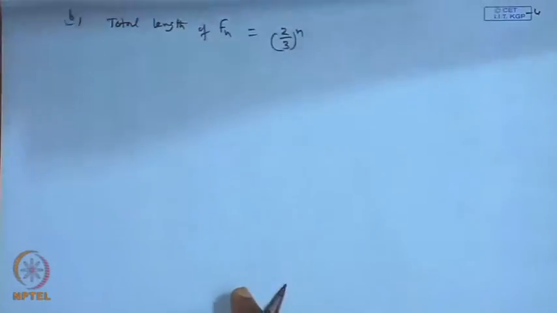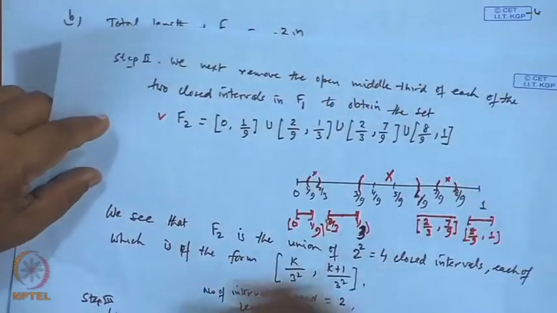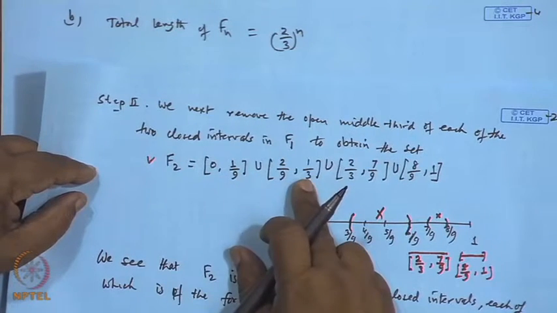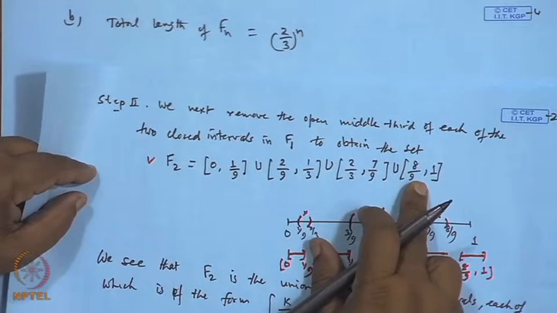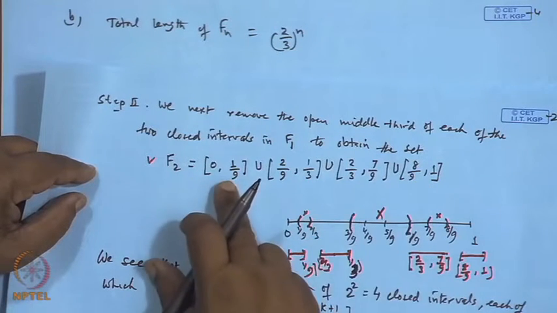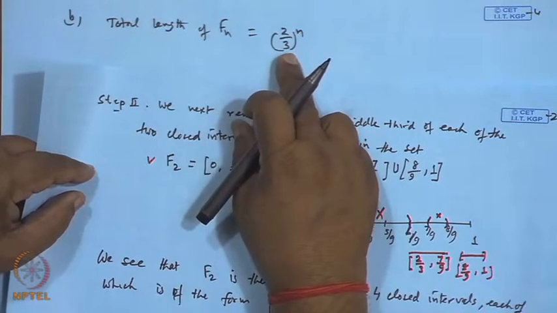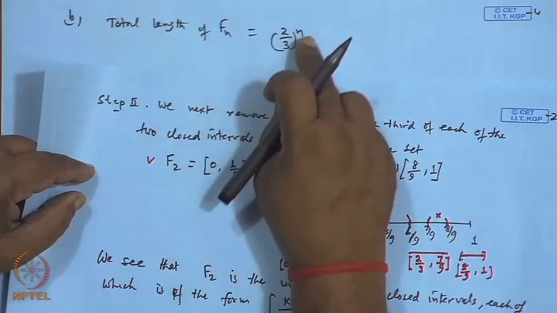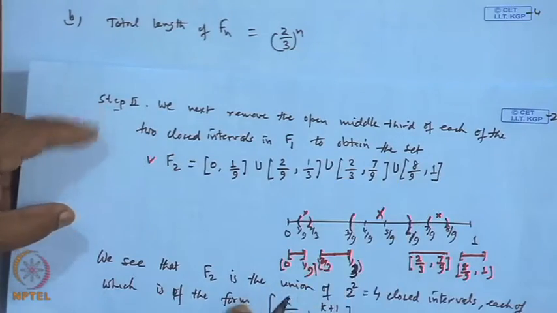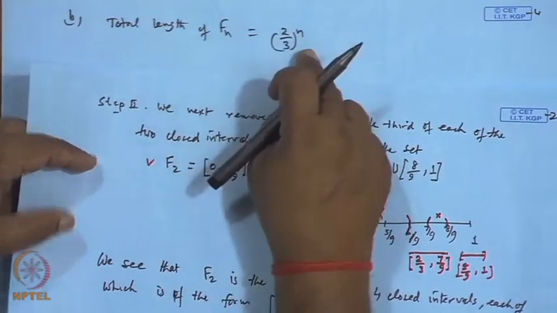When n is 2, the total length is coming to be: this is 1 by 9, 1 by 9, 1 by 9, 1 by 9, 4 intervals of length 1 by 9. So, it is 2 square by 3 square, that is, when n is 2, it is 4 by 9. Similarly, for F n the length will be 2 by 3 power n.